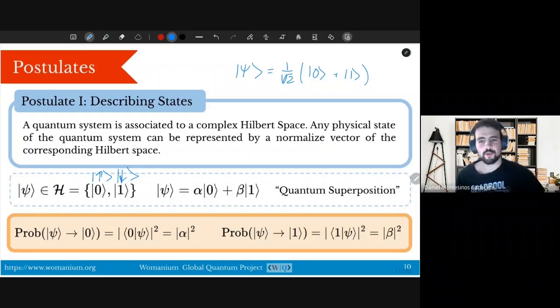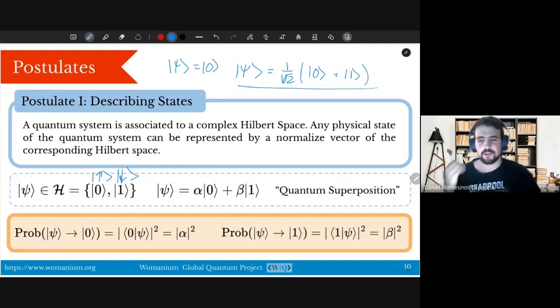So you may wonder now, what is the state of my system? Is it 0 or is it 1? If I have this state, you don't really know exactly, right? Because if your state is just 0, there is no doubt the state is 0, or if it is just 1, it's going to be 1.